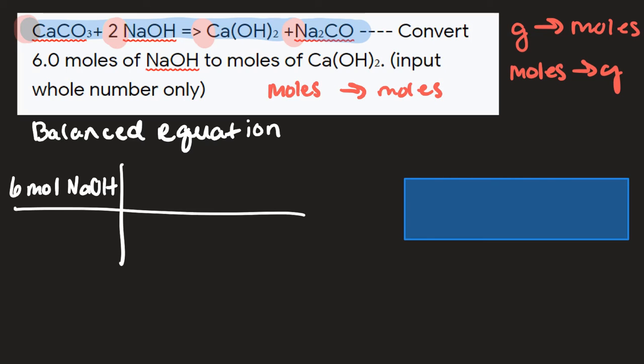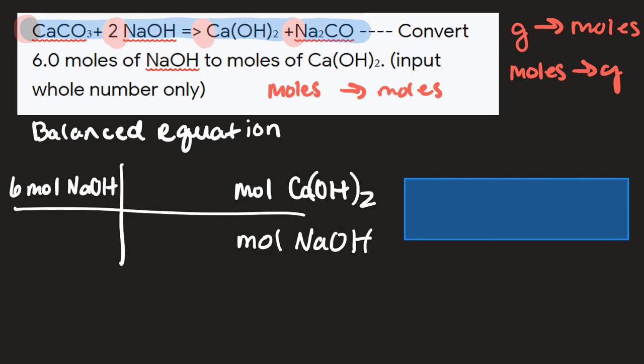Again, we're going to write our units on the bottom. Just copy these units down, moles of NaOH. Now I want to convert moles of NaOH to moles of calcium hydroxide, so I'm going to write that on top. Where do I get these numbers from?